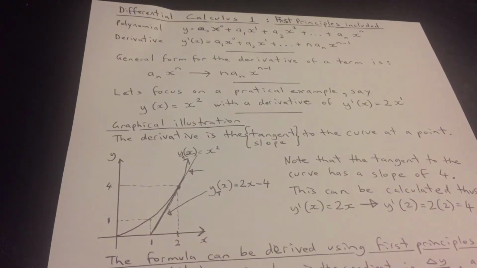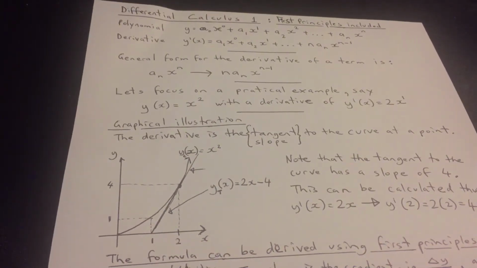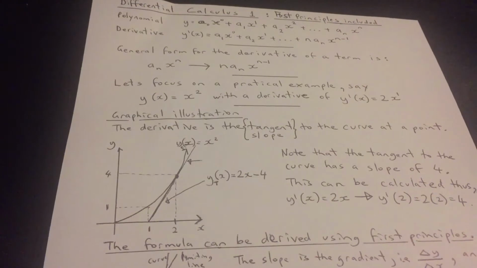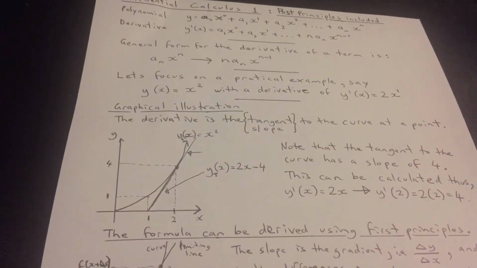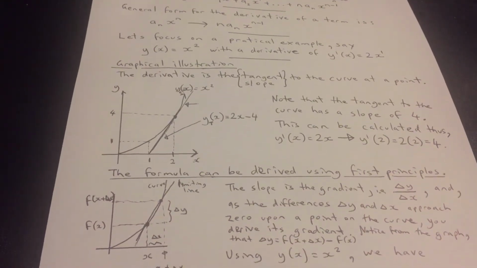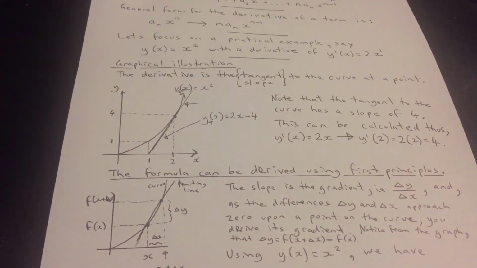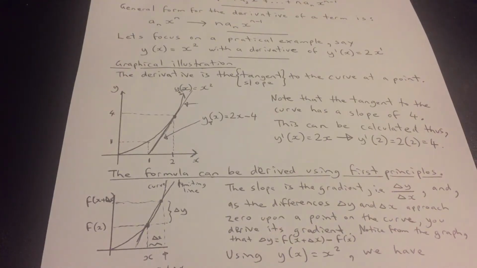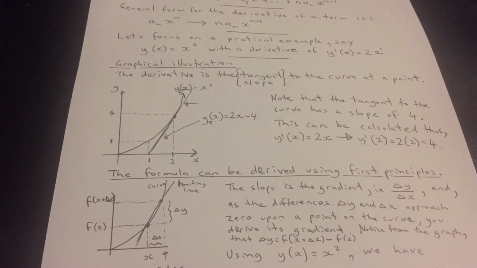Okay, now moving on to the first principles. This formula can be derived using first principles, and I've done a little graphical illustration next to it just to set out the outline of what it's representing. So we have a curve, and we have a line that is not quite the tangent at this time, but technically it's a chord because it passes through 2 points along that curve.